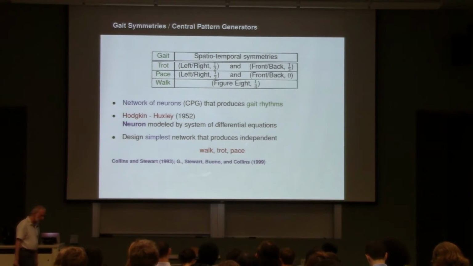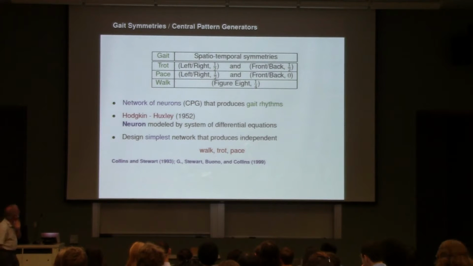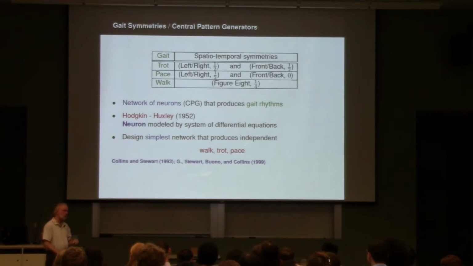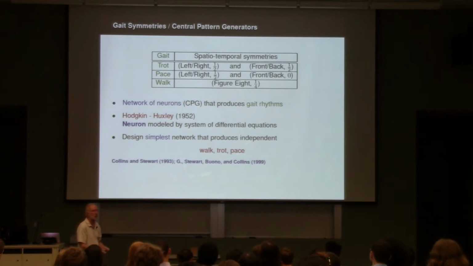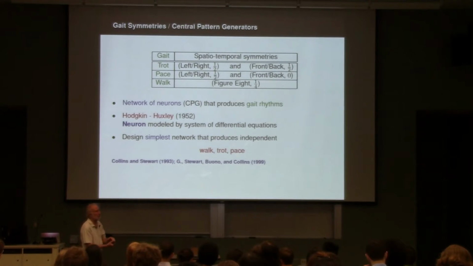So the question that we set out to ask, we being Jim Collins, Ian Stewart, Luciano Bono, and me, some years back now, was what is the simplest architecture for a central pattern generator that will produce periodic solutions which have the same synchronies as walk, trot, and pace, that it can produce those 3 gaits.